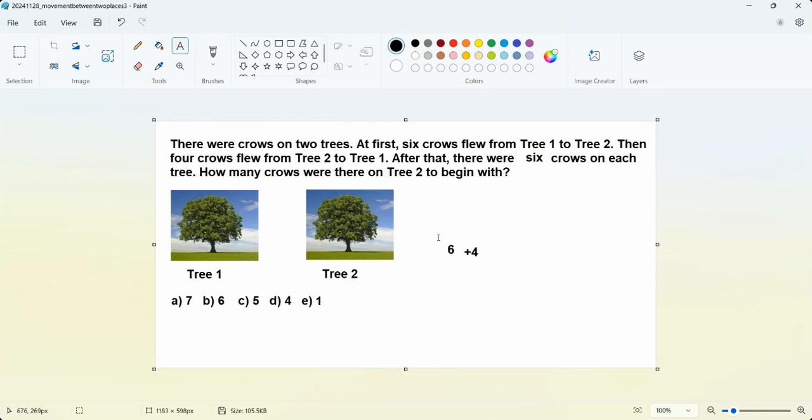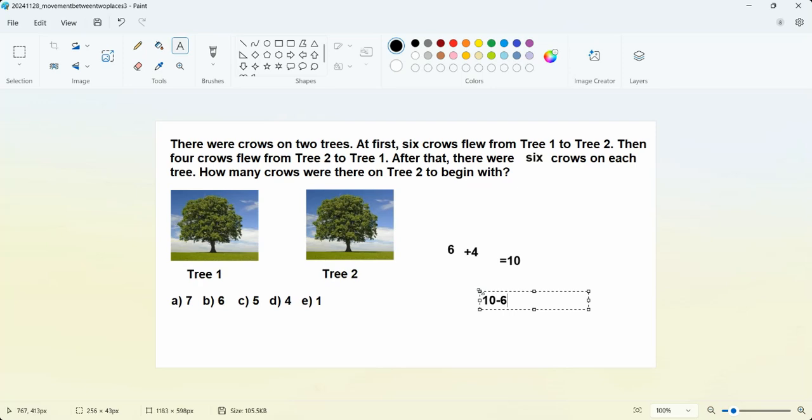And what happened before that? We had 10 crows before those four crows left, and then we have to see how many crows came in. Six crows flew in from tree 1 to tree 2 before that. So we have to subtract because they came in. Remember, we subtracted the number of guests to find the original number of family members.